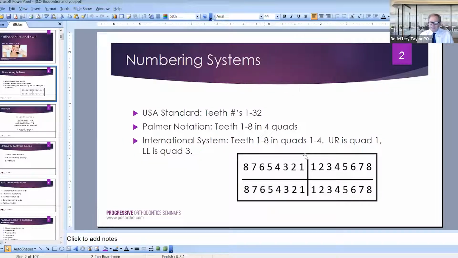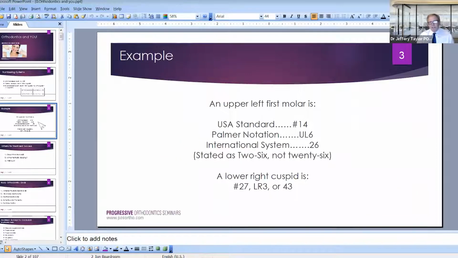So you have all seen this numbering system when you refer patients to an oral surgeon for extractions. Then you circle these numbers so there's no doubt in anybody's mind about what is supposed to be done for the patient. And similarly, orthodontists speak this way all the time. So that's how we are going to do it in the POS system because, of course, we're an international company. And next, we'll look at an example of that.